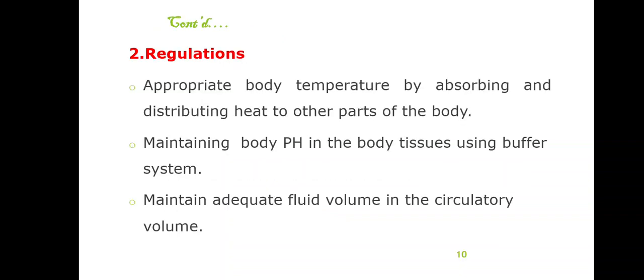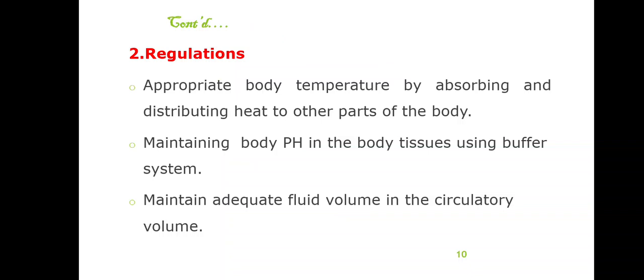Then we have the regulation function of blood. One of them is that it regulates body temperature by absorbing and distributing heat to other parts of the body. So body temperature regulation, maintaining body pH in body tissues using buffer system. So I'm going to display some equations on how blood maintains body pH in body tissues using the buffer system.